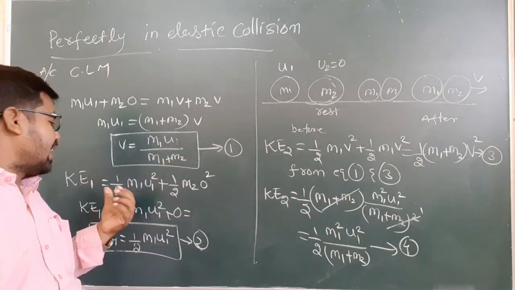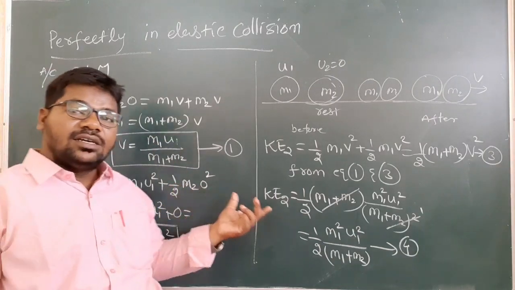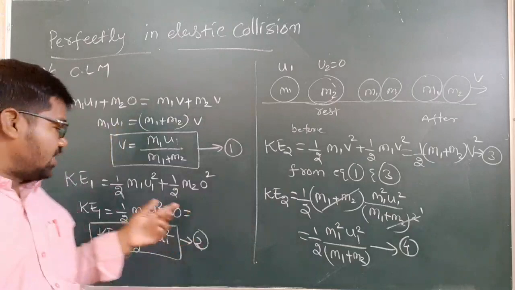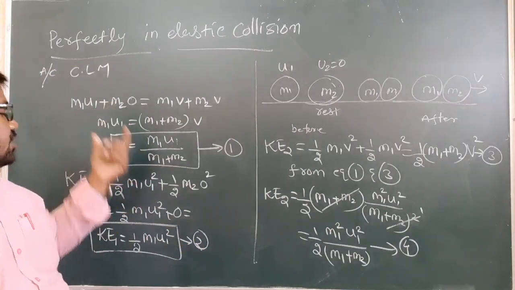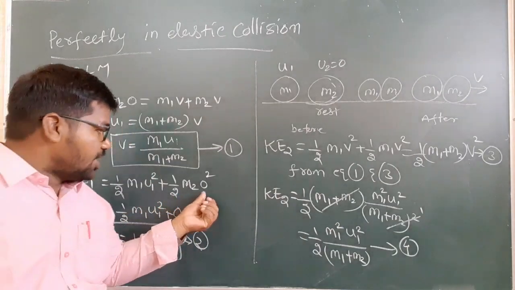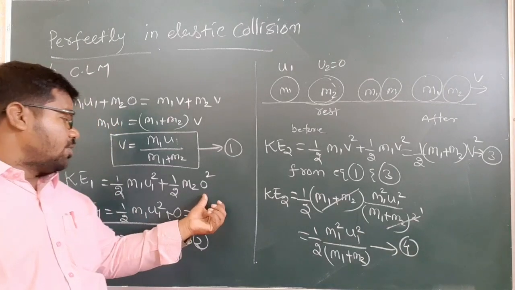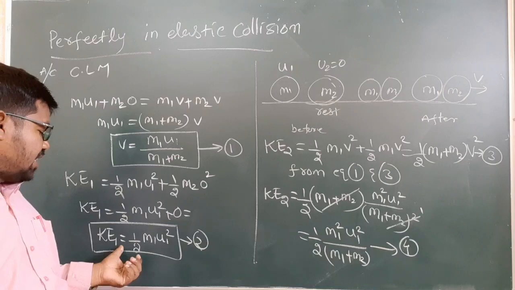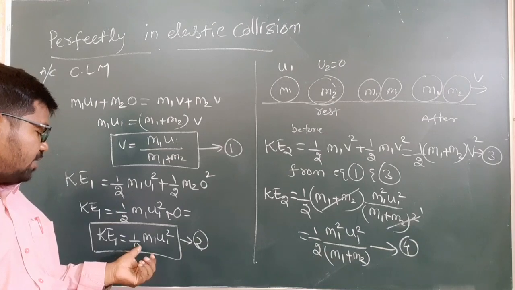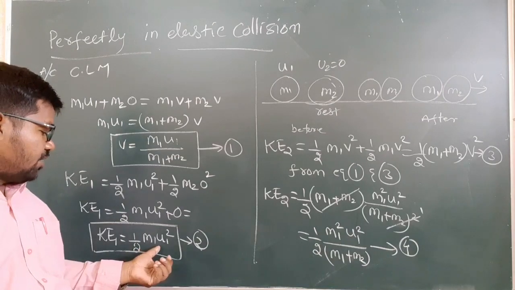Next, according to conservation of kinetic energy, the kinetic energy before the collision is the kinetic energy of the first body plus the kinetic energy of the second body. Second body velocity is 0, that's why we can take 0. So the kinetic energy before the collision is 1 by 2 m1 u1 square.